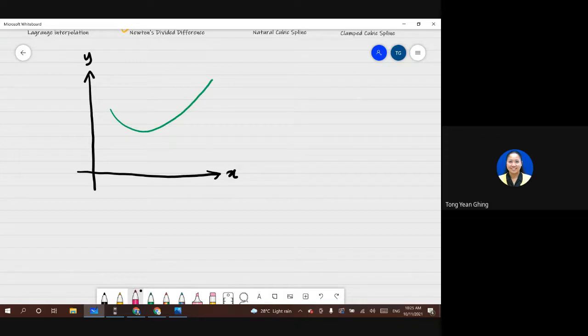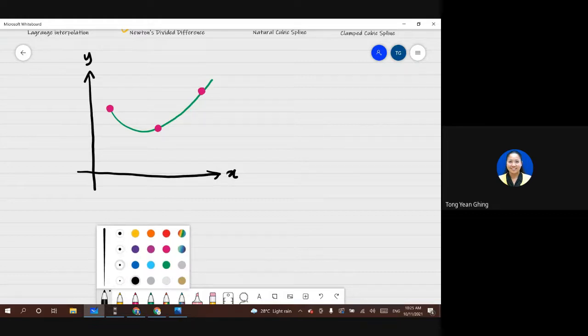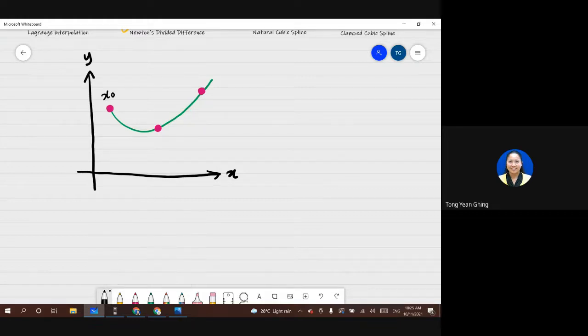And then we have points. Let's say we have 1 point, 2 points, and 3 points. This one is x0, f(x0), this is x1, f(x1), and this is x2, f(x2).